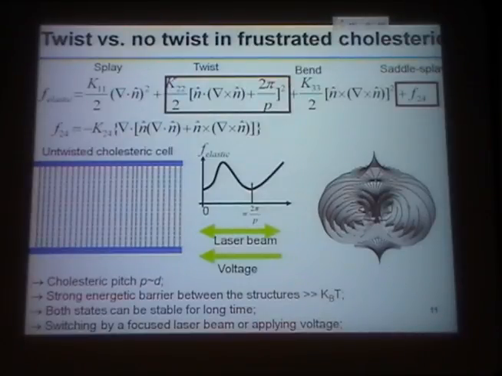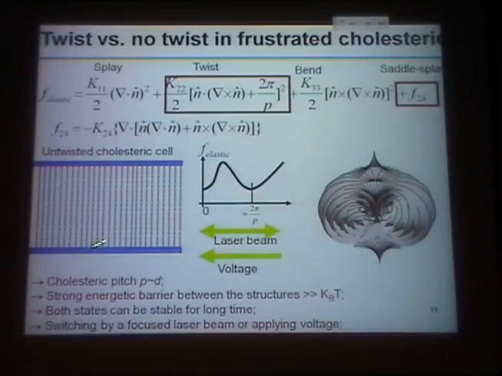We can understand the physics behind in quite simple terms by simply looking at the Frank-Oseen expression for free energy. That's already very familiar for you after many tutorials we had. And so you know that in this expression we have different terms describing splay, twist, bend, and saddle splay distortions explicitly written here.